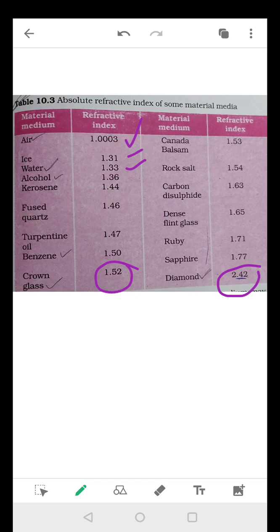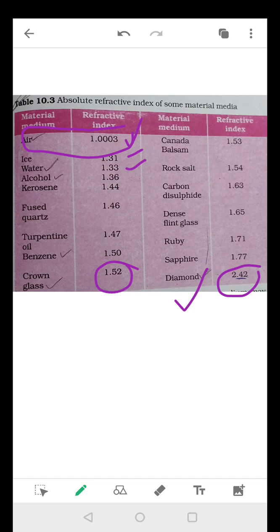So if we go through the table, we find the refractive index of diamond is highest, right? This means the speed of light will be minimum in diamond. And speed of light will be maximum in air, because air has the least refractive index.